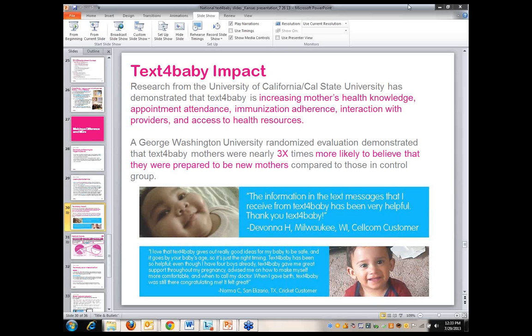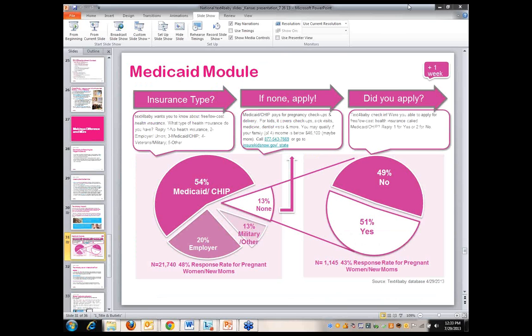And then here's some quotes of users throughout the U.S. So I mentioned earlier we already have messages around Medicaid and CHIP and giving them more information to apply for health coverage, but we've additionally added some questions asking, do you want to get more information around free and low-cost health insurance, as well as what type of health insurance do you have?